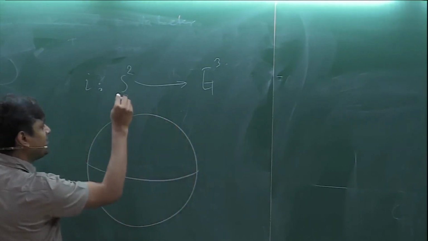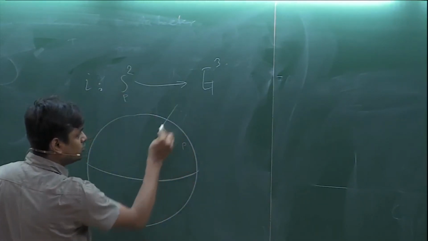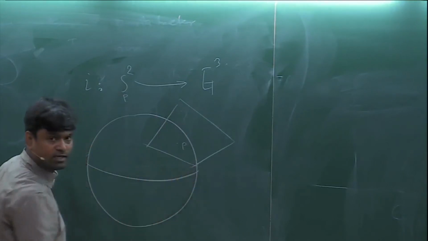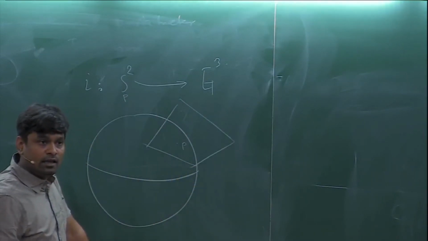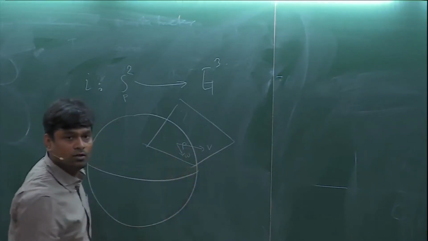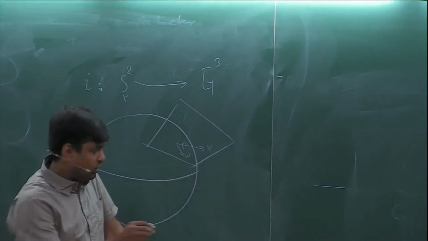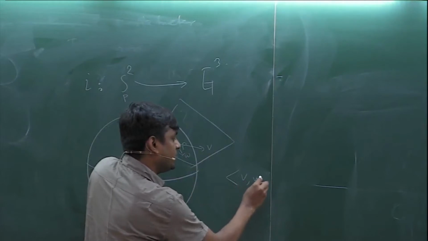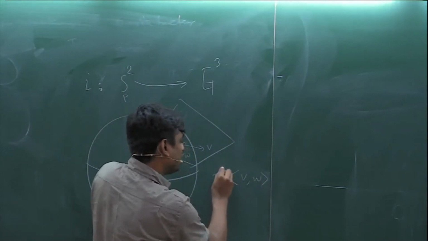You fix some point P here, calculate the tangent space at that point, and take two vectors V and W. What is the pullback metric of V and W, X star V and W?